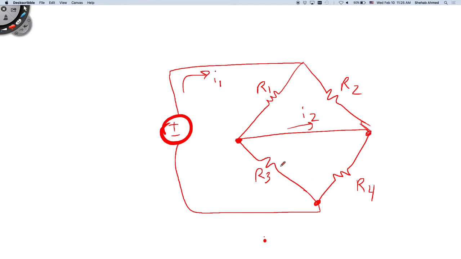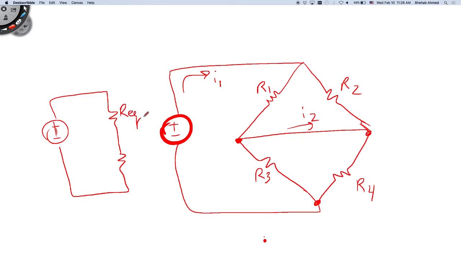R3 and R4 are in parallel. And R1 and R2 are in parallel. So the equivalent circuit to this is what? And this is R equivalent 1, R equivalent 2. For you to find I1, it's just this voltage divided by the sum. So that's I1.